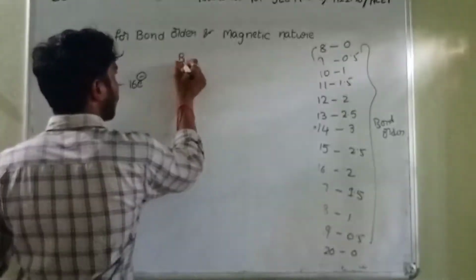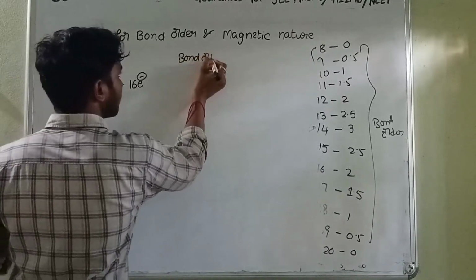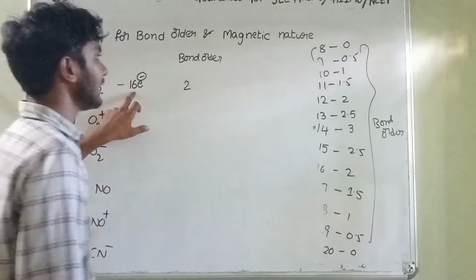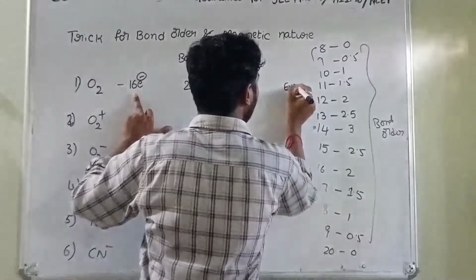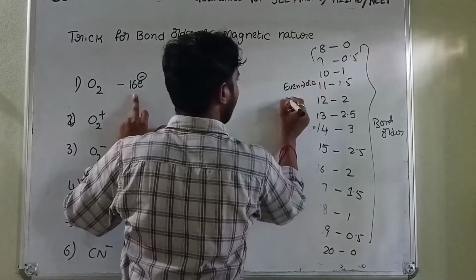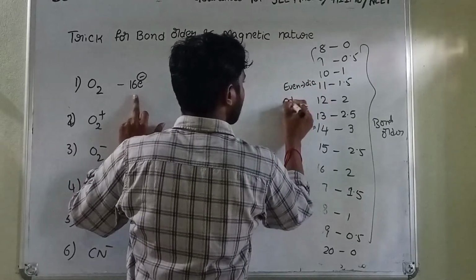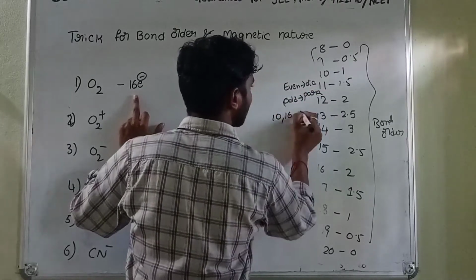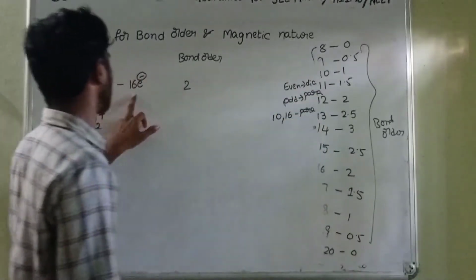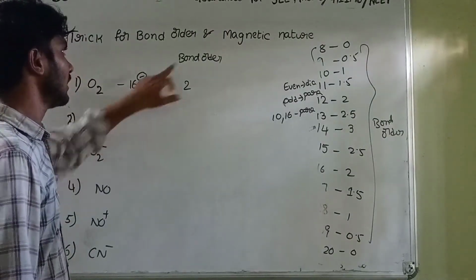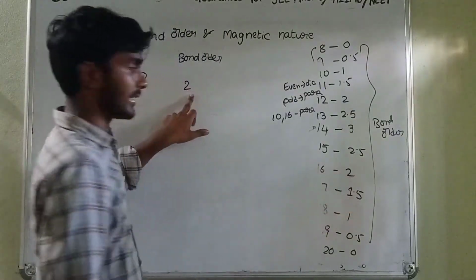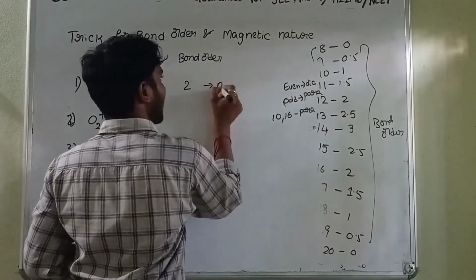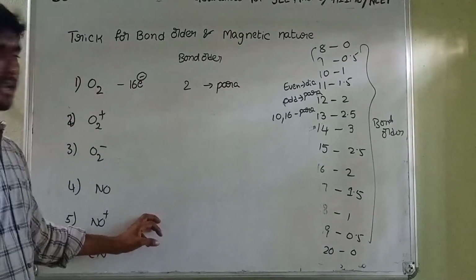For 16 electrons, bond order is 2, and the magnetic nature is paramagnetic, because 16 is the exception.